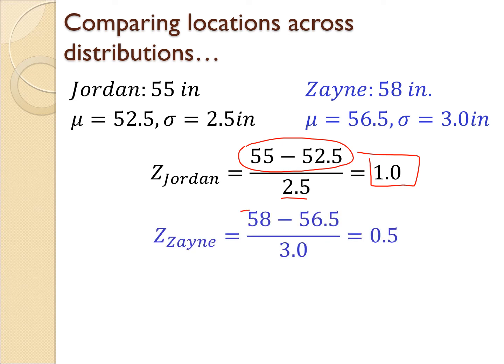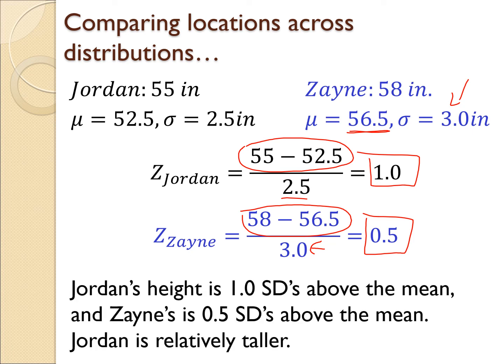Zane, same thing, except this time we're using the mean for the 11-year-old boys, which is 56.5, and its standard deviation. And we see that Zane has a z-score of 0.5. Based on those metrics, the farther a z-score is from 0, the more unusual it is. Since Jordan has a z-score of 1 compared to 0.5 for Zane, Jordan is relatively taller because she's farther above the mean.